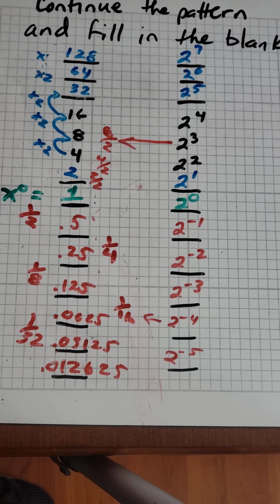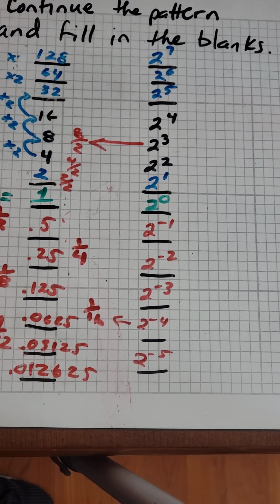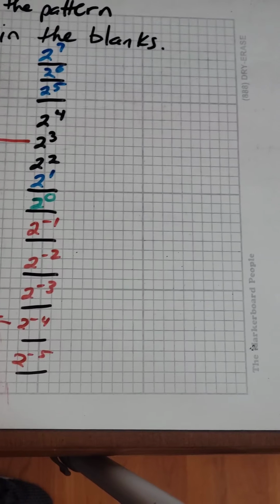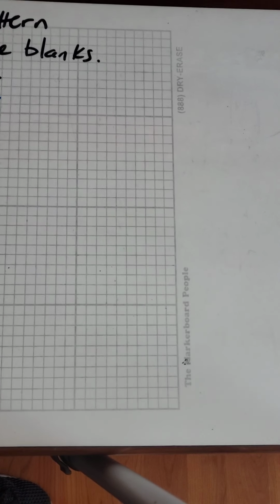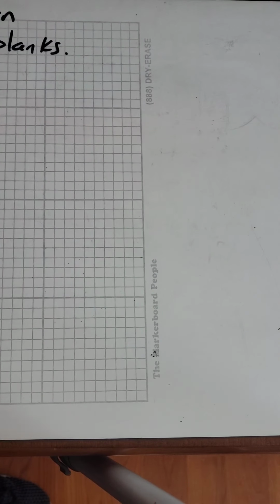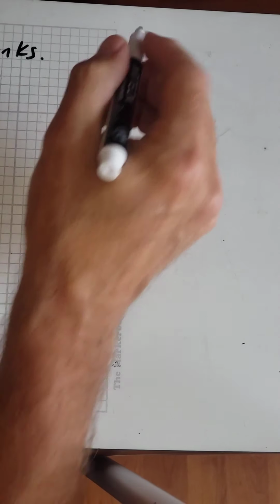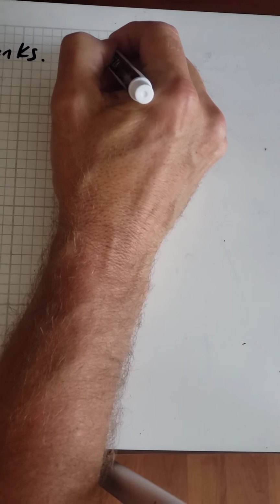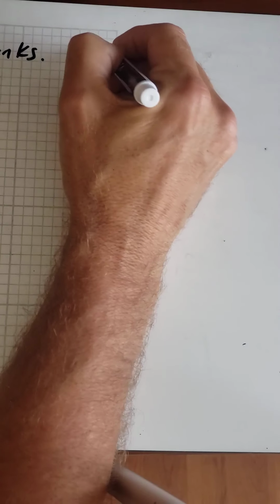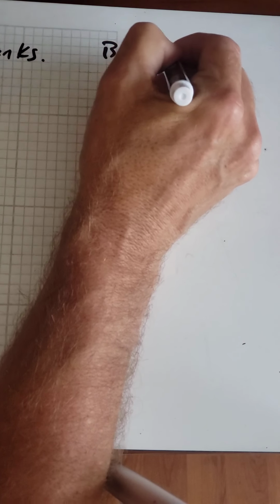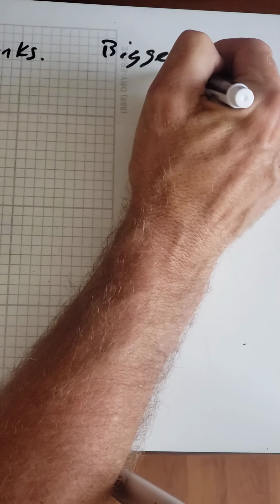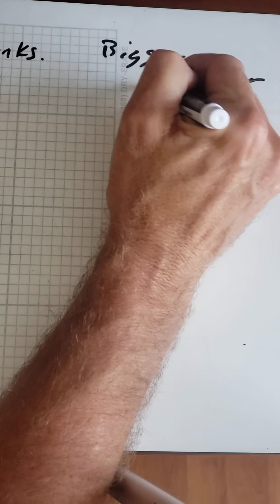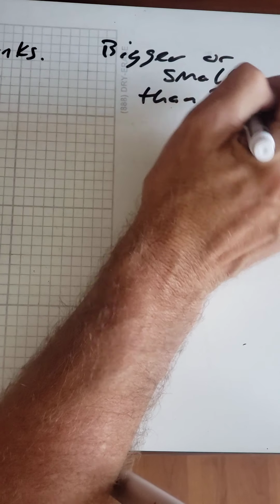So what I'm going to do over here, I'm going to slide over, and I'm just going to put some exponents on the board, and all you're going to tell me is what you know about the number, okay? So you're going to tell me, is the number bigger or smaller than 1? Okay? So that's it.